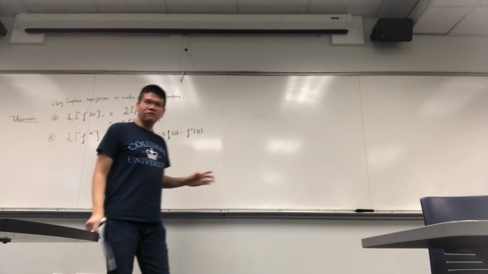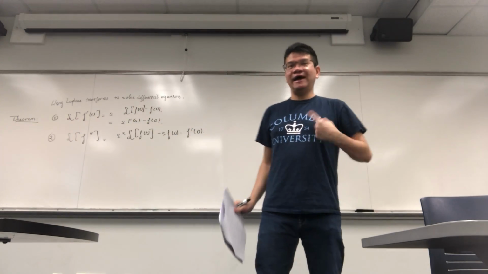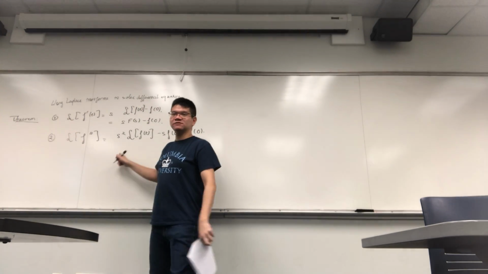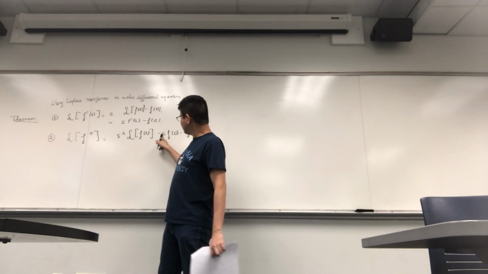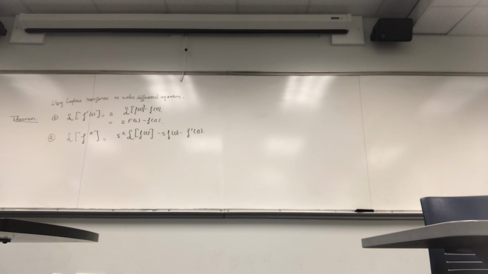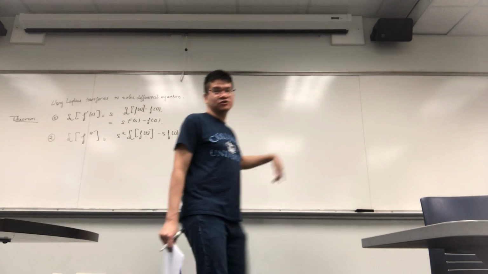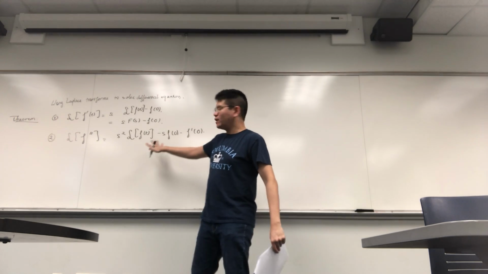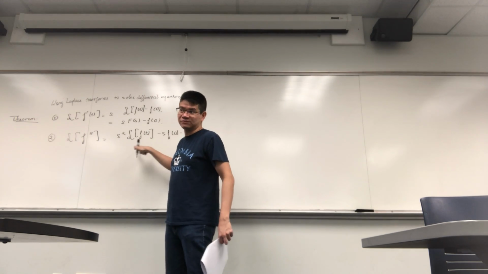The Laplace transform of the second derivative will be s squared times the Laplace transform of f minus s times f(0) minus f prime at 0. Right? So which means that when you try to compute the Laplace transform of the second derivative of a function, what you need to know is just the Laplace transform of that function.